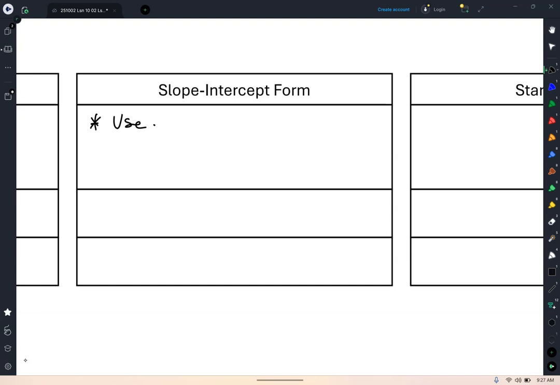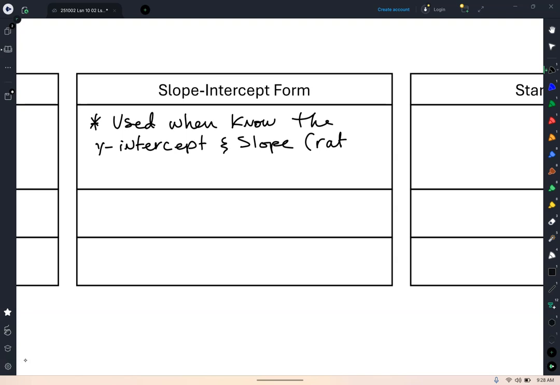This one is used when we know the y-intercept and the slope, which we're also going to call rate of change, because you're going to see that in some of your questions today in your homework.